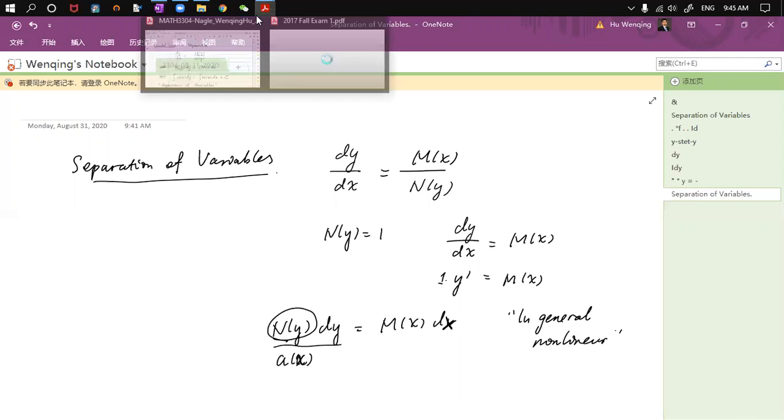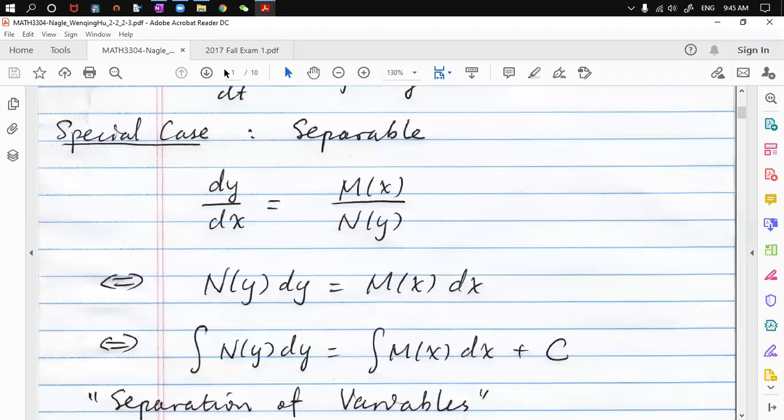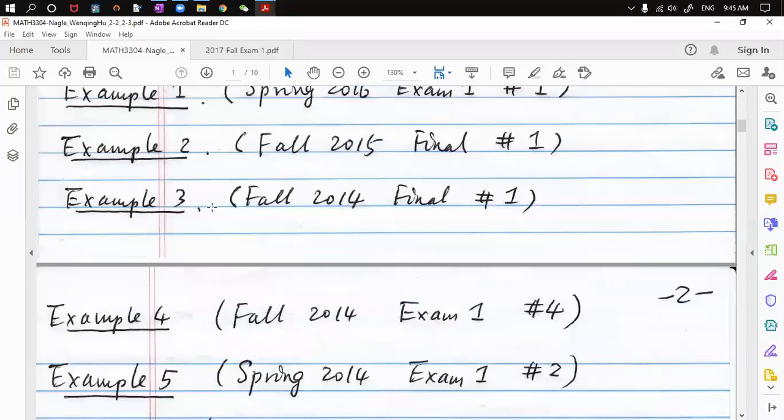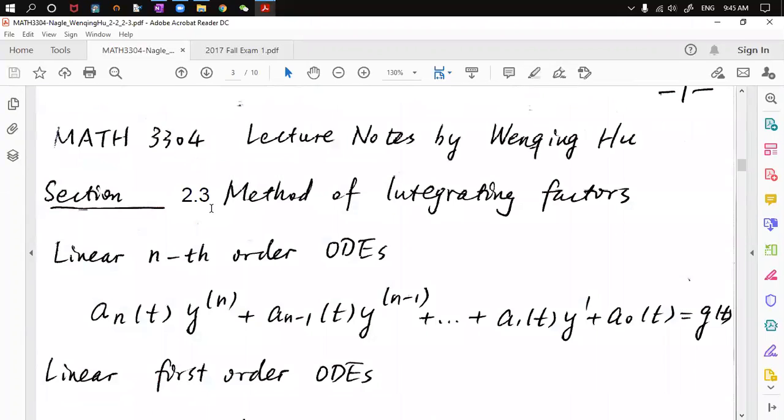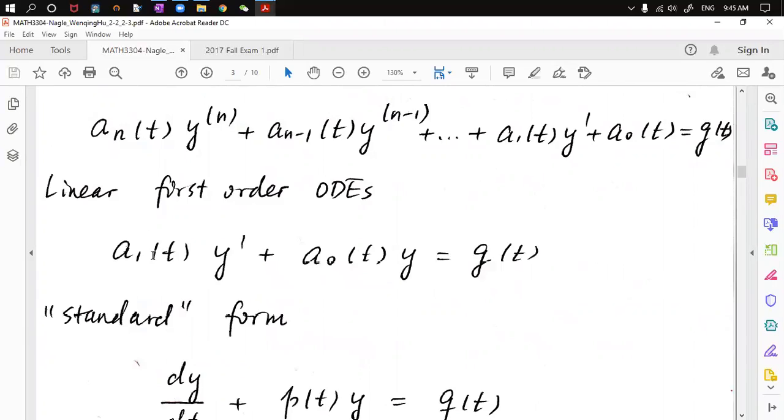Let me remind you that we are still in the category of talking about first order equations. We've been talking about nonlinear first order equations.